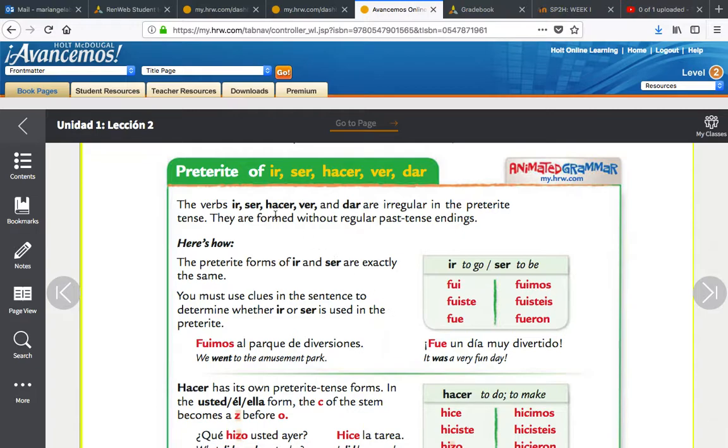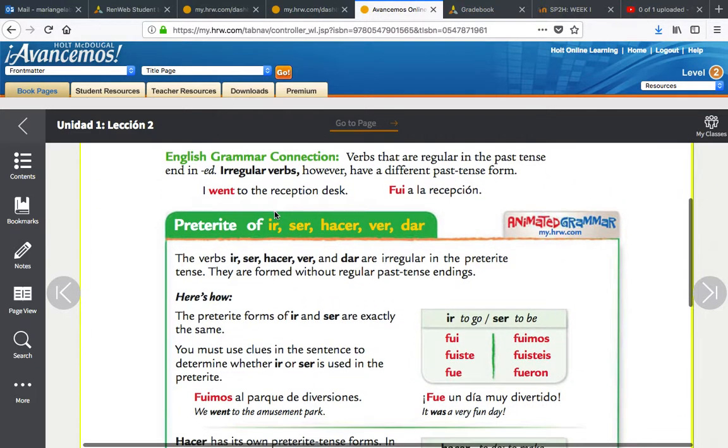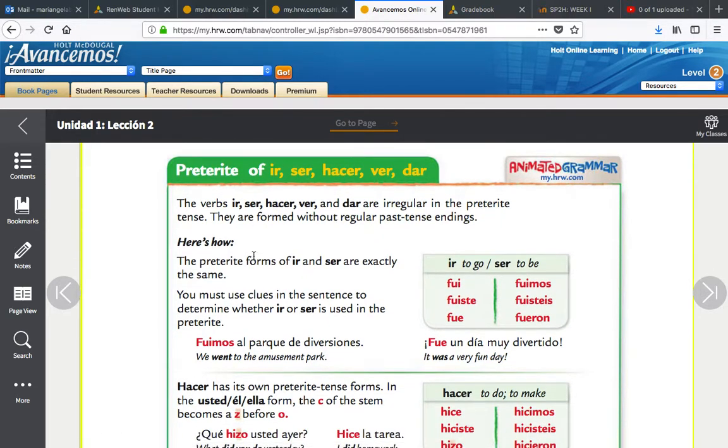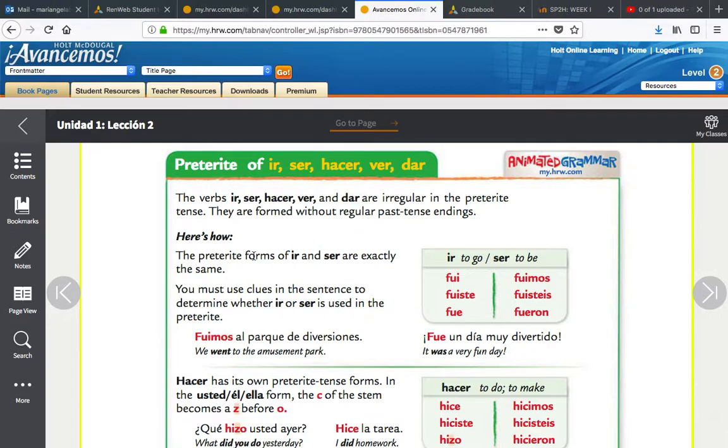So this time is going to be a little bit different and difficult because you have to learn about ir, ser, hacer, ver, and dar, which are verbs that are irregular. Okay, they don't follow those endings that you learned the last lesson. So let's review what all those verbs mean.